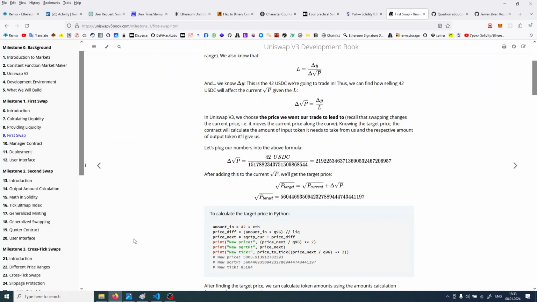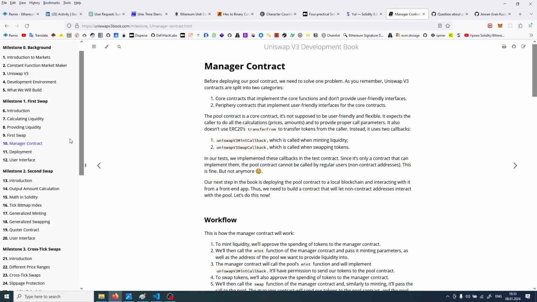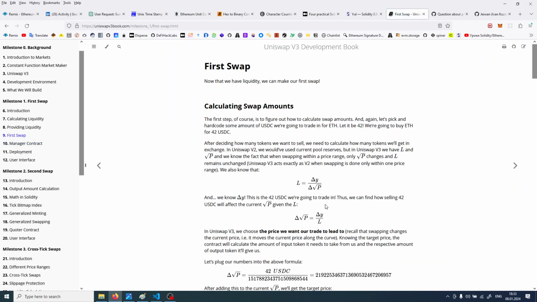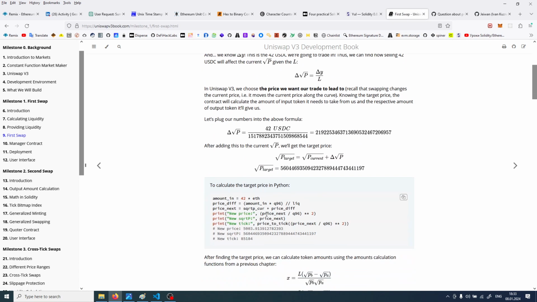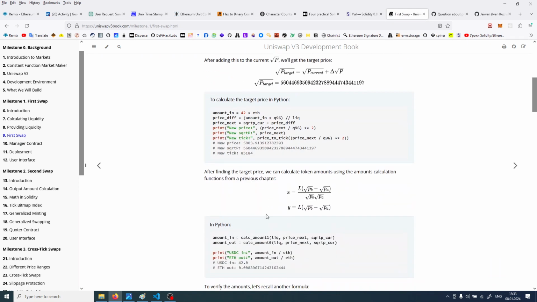So I think it is enough for the first milestone. It's very important to understand how it works in the mathematics and the logical part. Implementing this information, this logic in Solidity, is just technical.